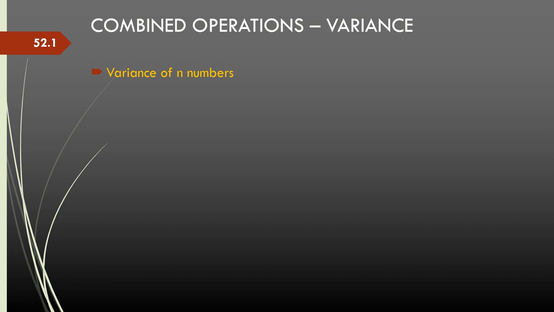So, let us say I am looking at the variance of n numbers. The variance formula is sigma of (x minus mu) squared, where mu is the mean, divided by the total number of numbers n. If we expand this, it is also the same as sigma of x square divided by n minus the square of the mean.